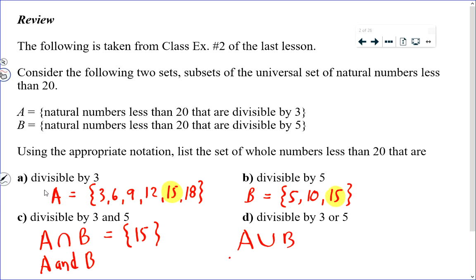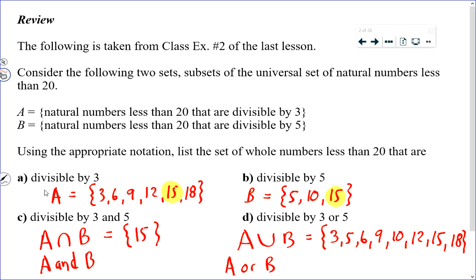So this means A or B. It's a set of numbers that are in either of these or both of these. So 3, 5, I'm just putting them in numerical order, 6, 9, 10, 12, 15, and 18, and I'll double check all of that.